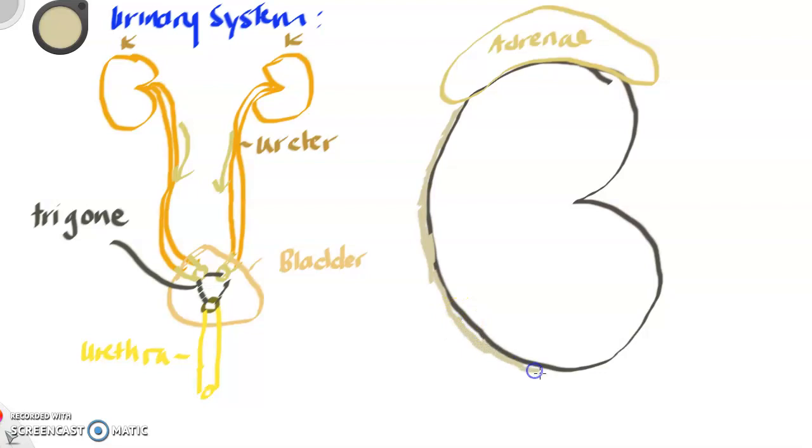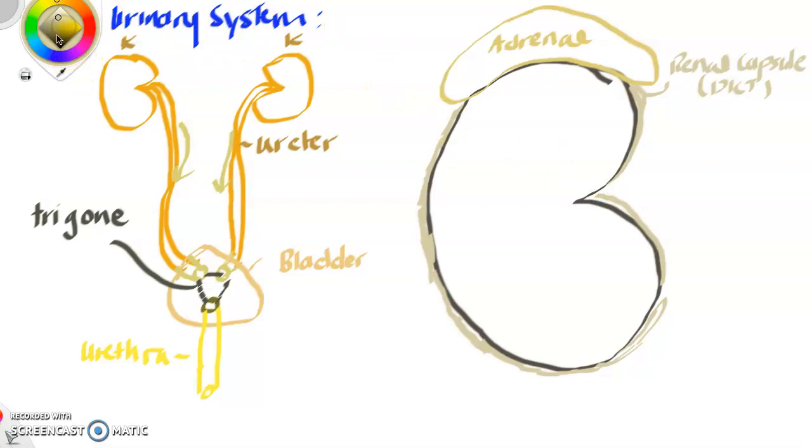It's dense, irregular connective tissue. And it's called the capsule. So this thing here is called the renal capsule. And it's dense, irregular connective tissue. Okay, it's surrounded by some fat, that type of thing.